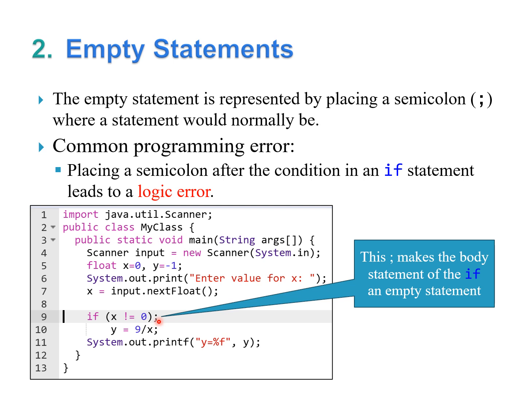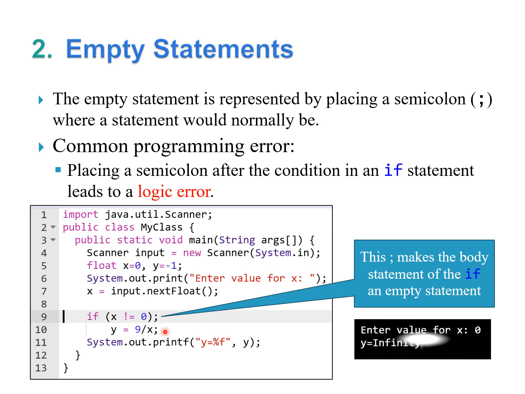As a result, the assignment statement always executes, even when the user enters 0 for x, and in that case, it leads to y having the infinity value instead of the value -1.